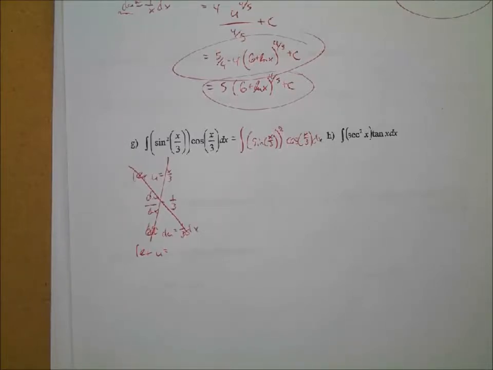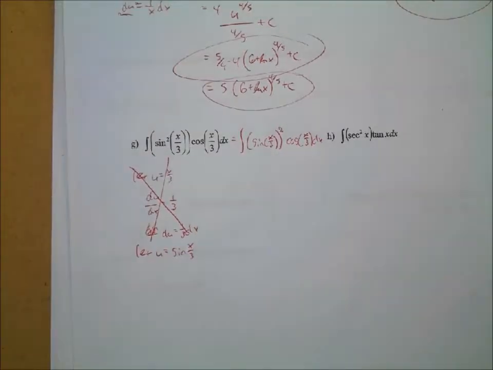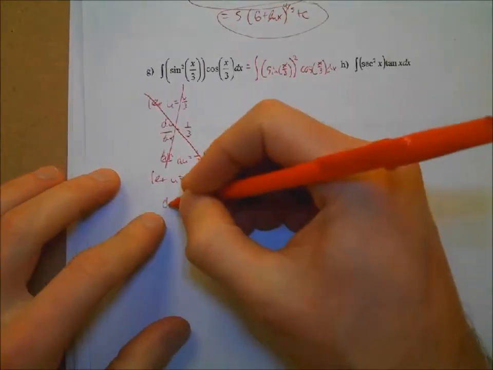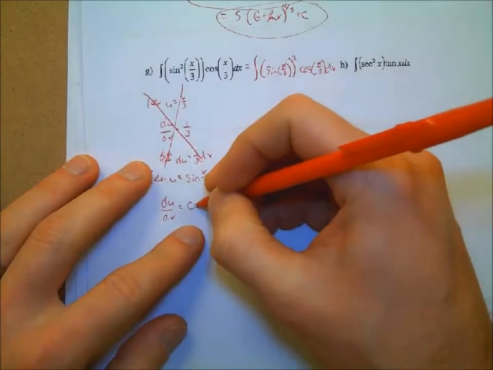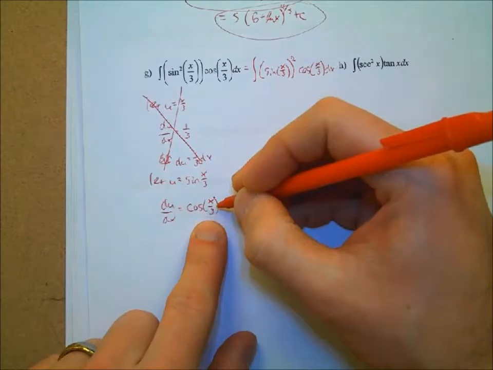Sine of x over 3 is what we want. It is inside the square, it is being squared. And so what is the derivative of sine of x over 3? The derivative of sine is cosine of x over 3, and we have to use the chain rule here, times the derivative of what's inside, times 1/3.